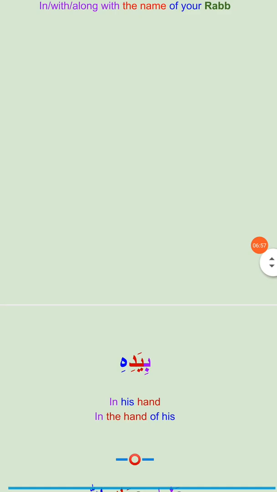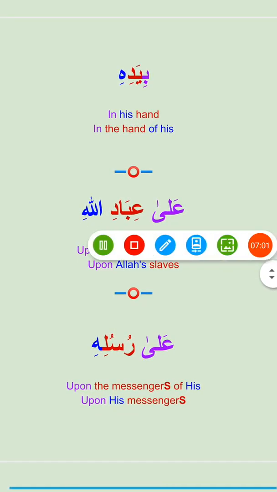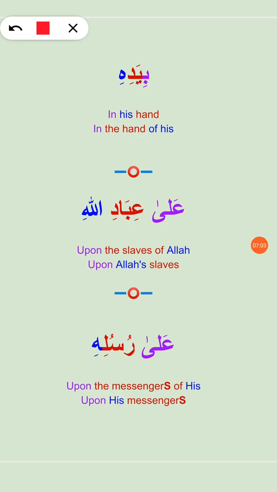Next example, biyadihi. B means in, or with. Here it means in. As I mentioned in the prepositions lesson, each preposition means several things, but these are the common meanings that we need to be more aware of. Yadun is a hand, and it is yadi.